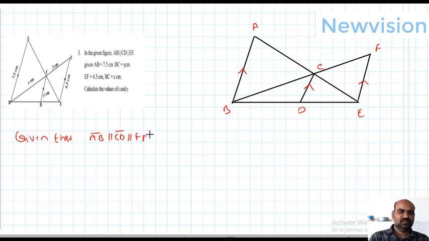This is given as 7.5 centimeters. This is given as x, this is 3, this is y, this is 4.5.